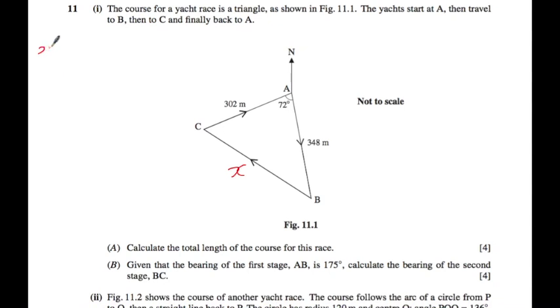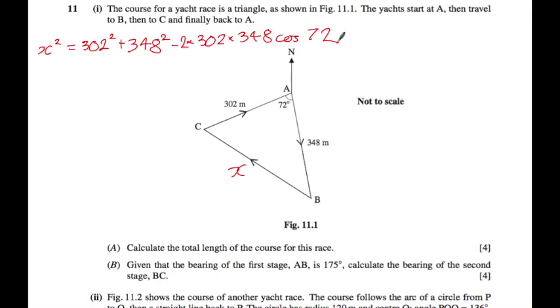So subbing in those values, a squared is going to be x squared, and that's going to be b squared plus c squared minus 2bc cos a, and a in this case is 72.